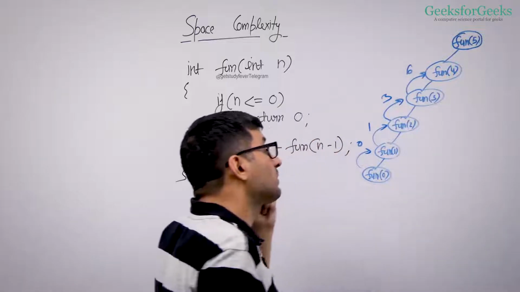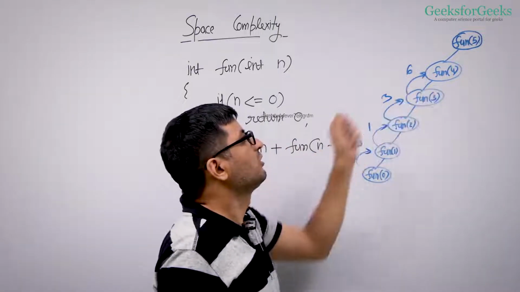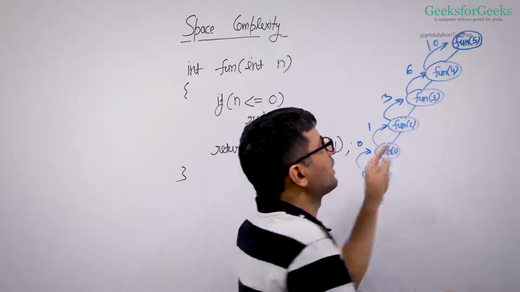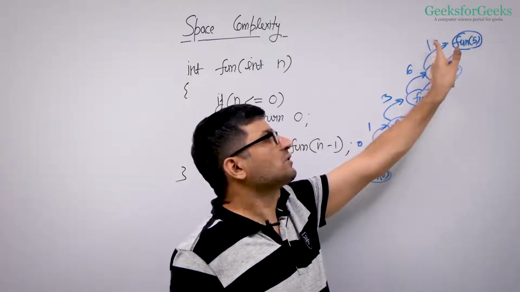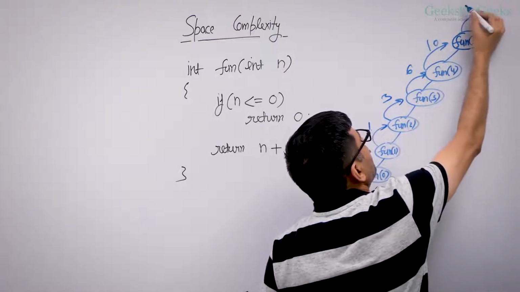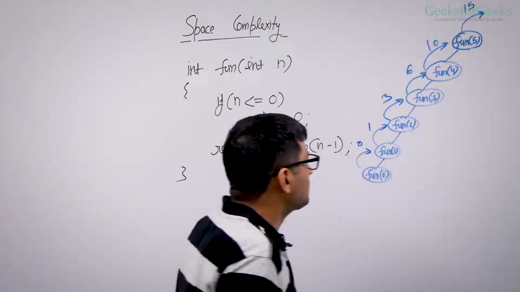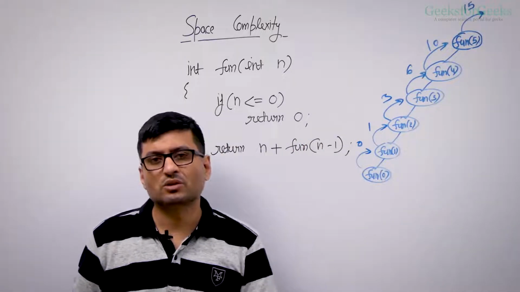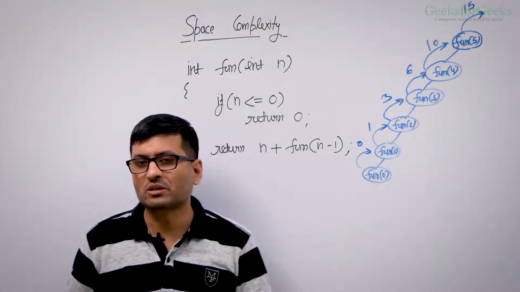Then it returns 6 plus 4, 10, to its parent. And this function returns 10 plus 5, 15, to the caller. So we get the value 15 returned from this function call. So this is how this recursive function works to do the sum of n natural numbers.